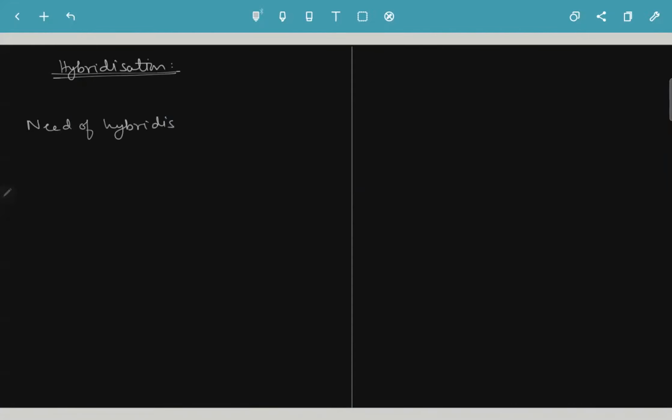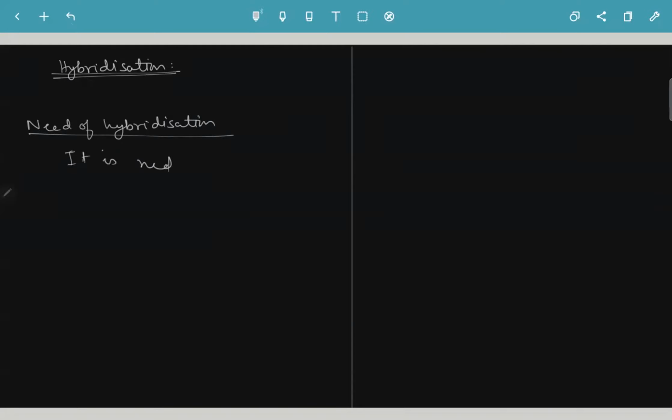To understand this, let us study bonds with the help of VBT, okay, in a polyatomic molecule. एक एग्जाम्पल करते हैं, फिर उससे क्लैरिटी आएगी. तो पहले मैं लिख देता हूं.